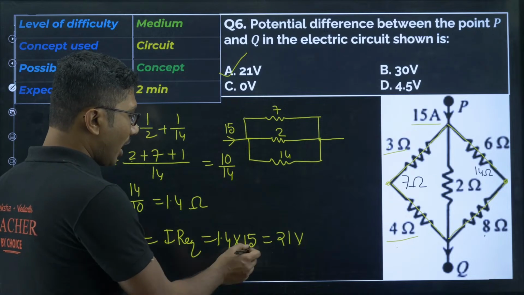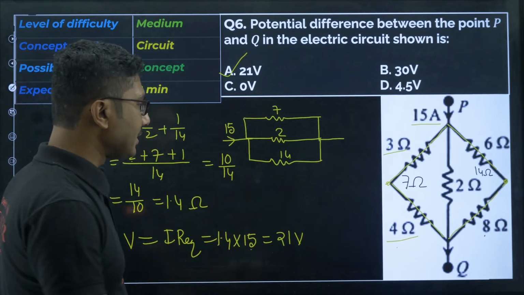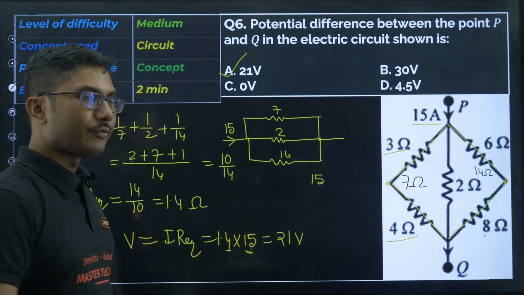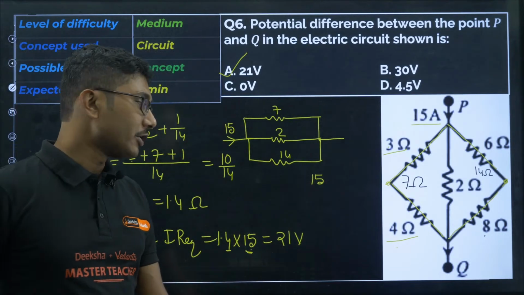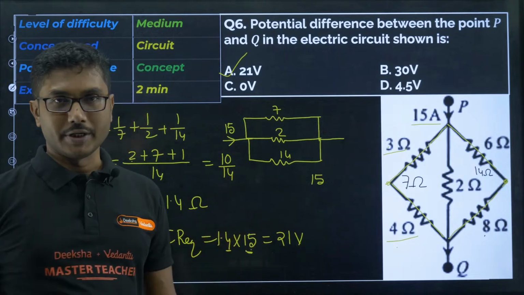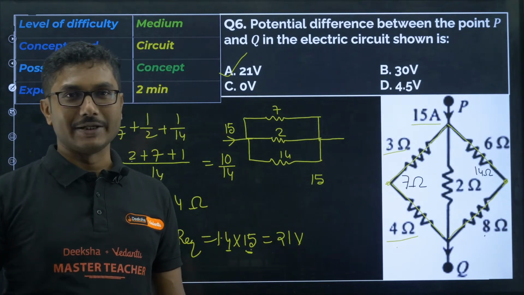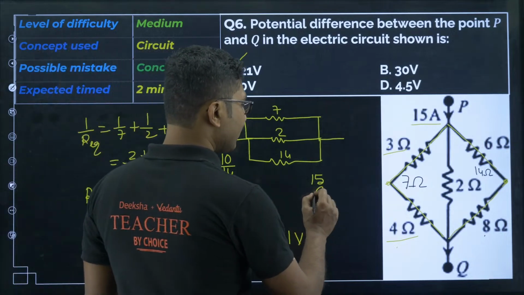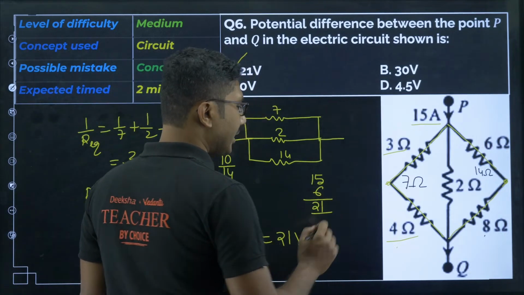I multiplied 1 into 15, which is 15. Then 0.4 into 15: if you are not sure, just multiply 4 into 15. 4 15s are 60, so 0.4 will be 6. I just added these two numbers and I got 21.